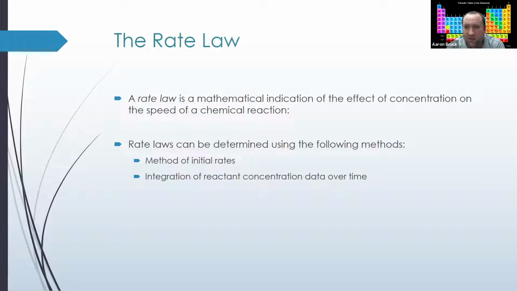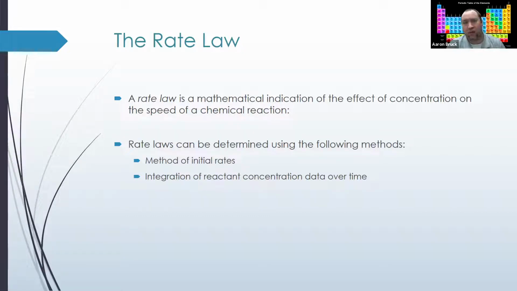A rate law helps us to determine how that speed gets changed based upon how much stuff is there. And in a lot of cases, there is a definitive relationship between the concentration of the substance and the speed at which the reaction runs.